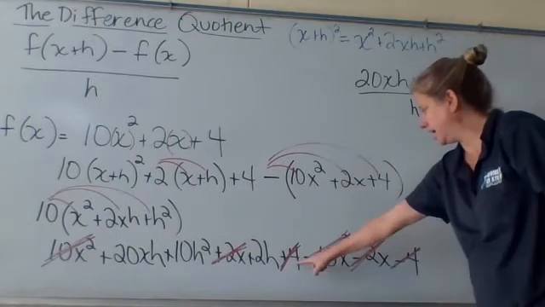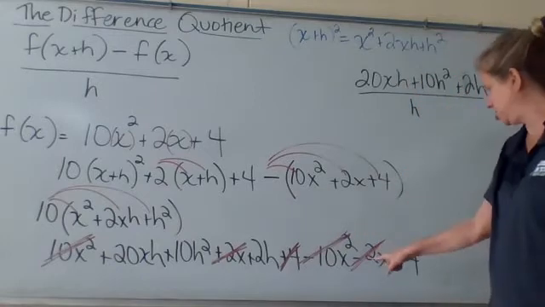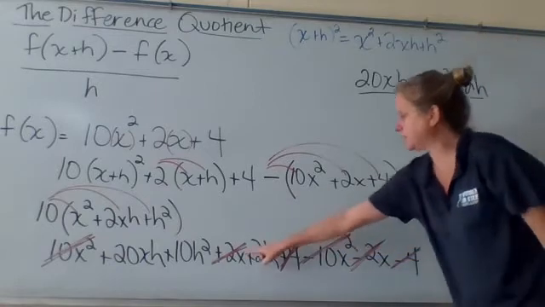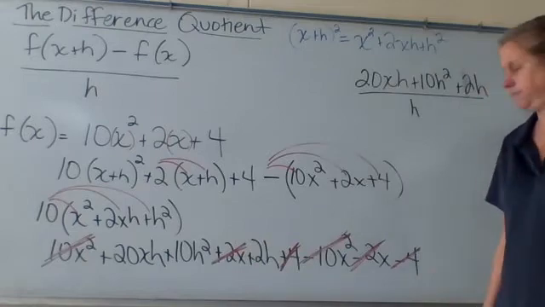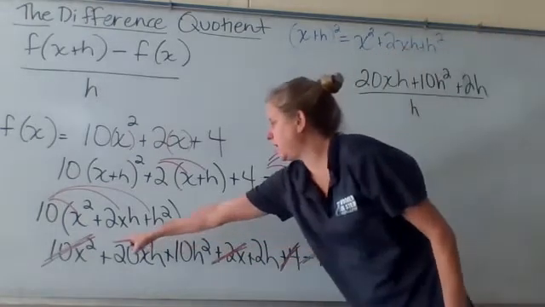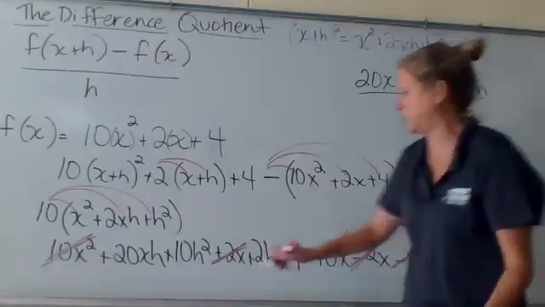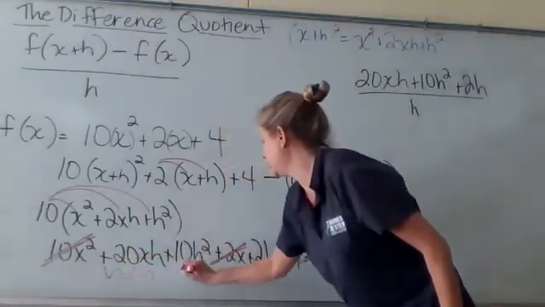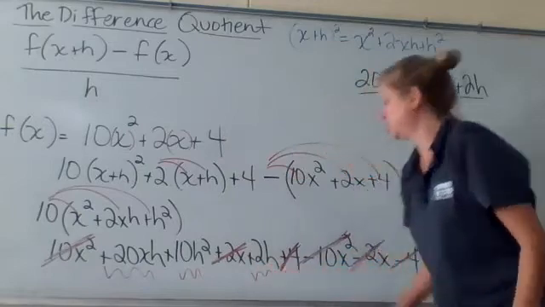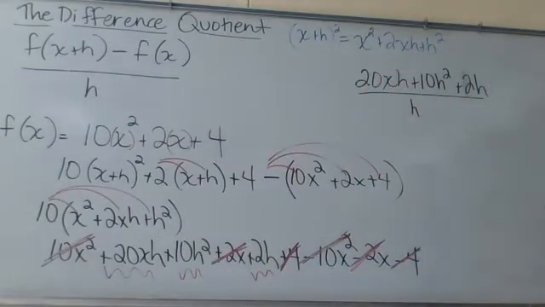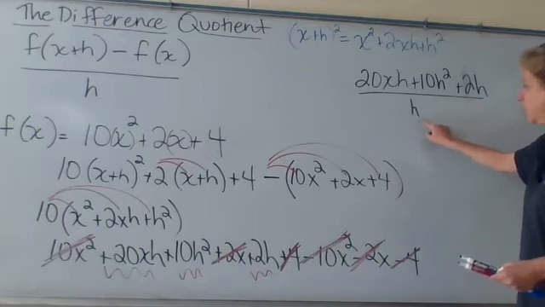This -4 canceled that +4. It didn't have an h. This -2x canceled that +2x. This -10x squared canceled that +10x squared. So when you were all said and done with your canceling, everything that was left were just the terms that had the h's. That is because, look at your denominator.